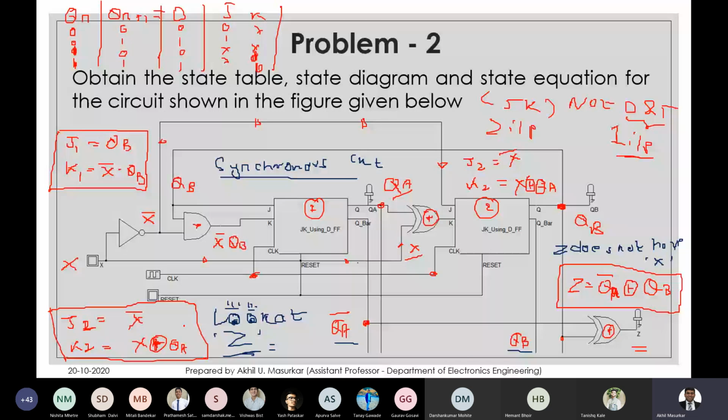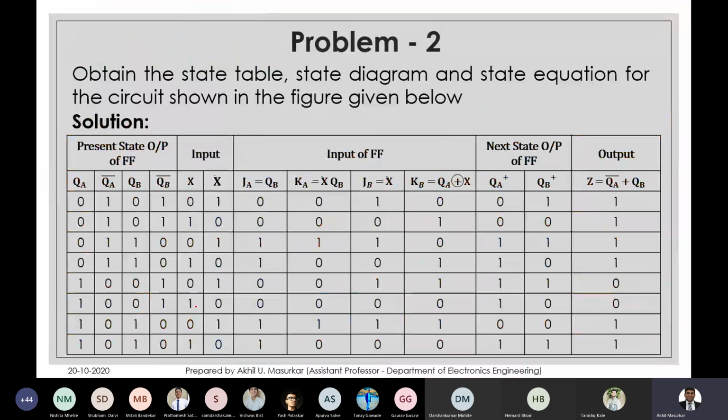Okay, so please note J1 and K1, J2 and K2 along with Z. Now let's go to the state table. The state table here is also similar to before. Instead of just D flip flop, now we have J and K. That is fine, but the real skill here is to find out the value of QA plus and QB plus.